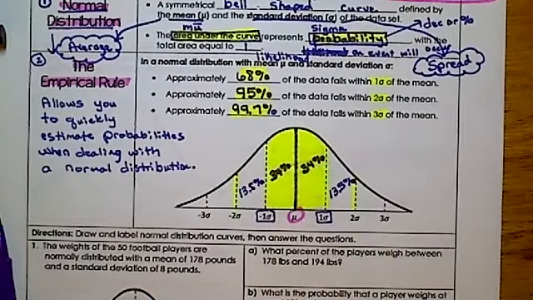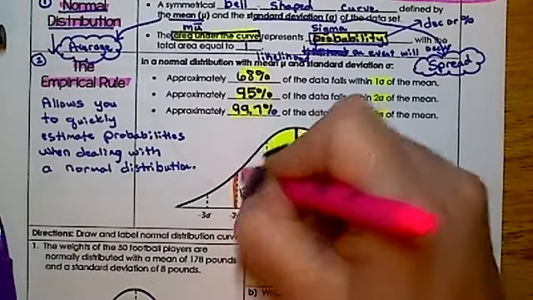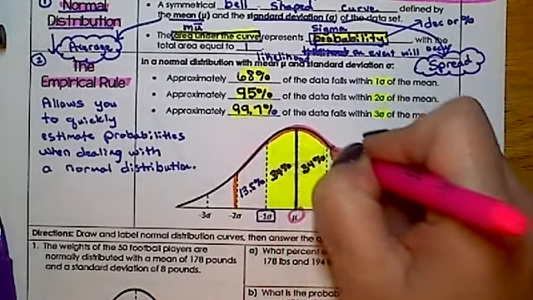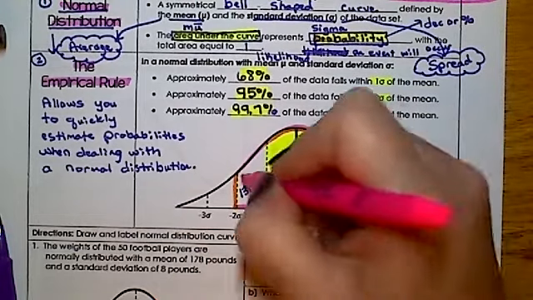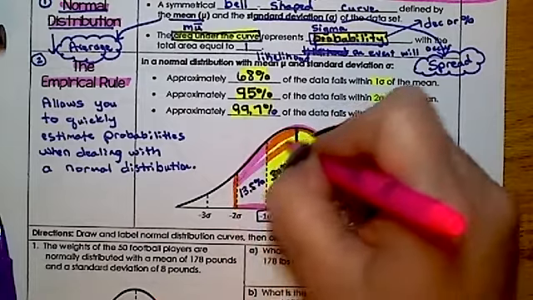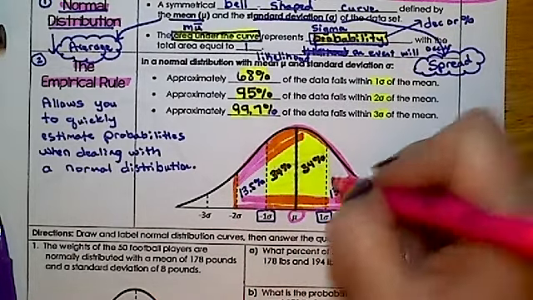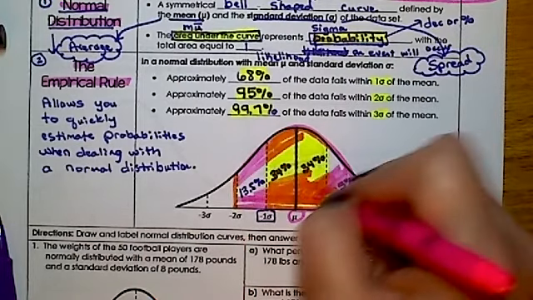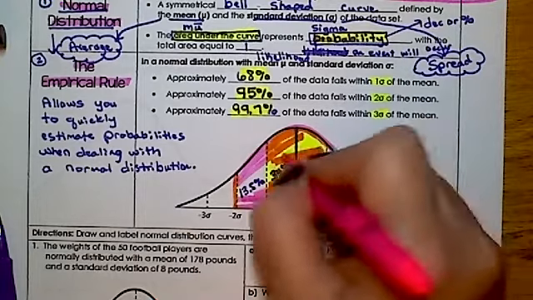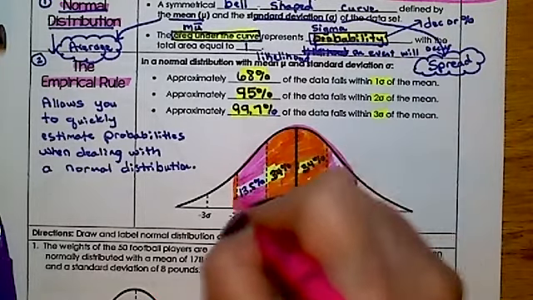So 13.5% would be in that region, but if you look at those regions all put together right here, which I'm color coding here in pink, you'll see that this whole thing right here should total 95%. So if you think of 95%, that is most of the information.